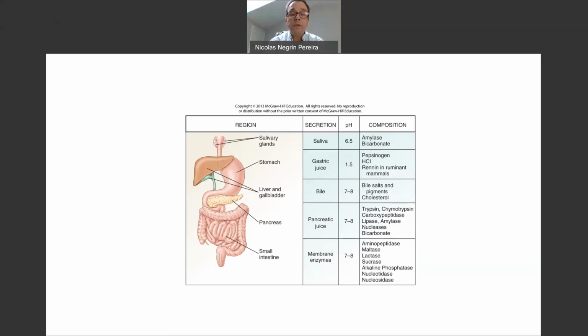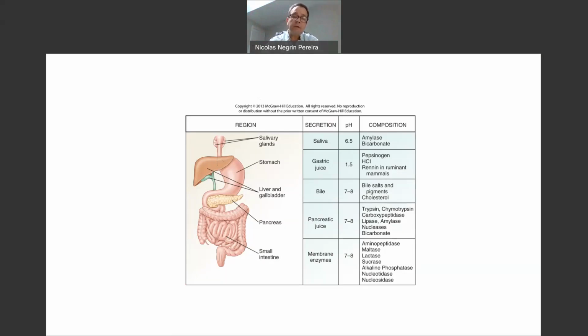So this is a very interesting diagram I wanted to include, even though the human is used as a model, where you have what we call the regionalization of the digestive tract, where starting from the mouth to the rectum to the anus, you have all the different secretions and their composition, and how, as we move through the different regions, the pH is going to change, basically going from a physiological or close to physiological pH, between 6.5 and 7, we see how the pH really goes down in the stomach, thanks to the secretion of hydrochloric acid, which will be fundamental for the activation of the gastric enzymes.